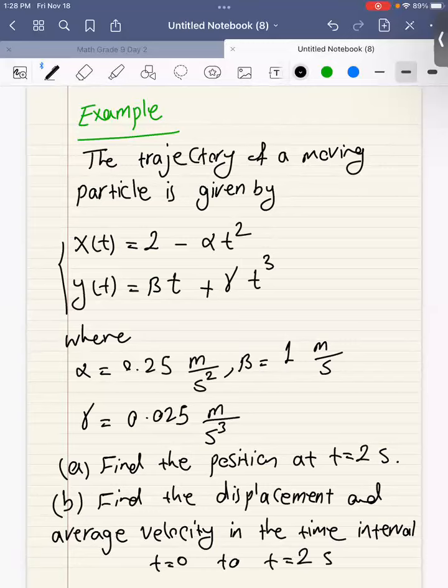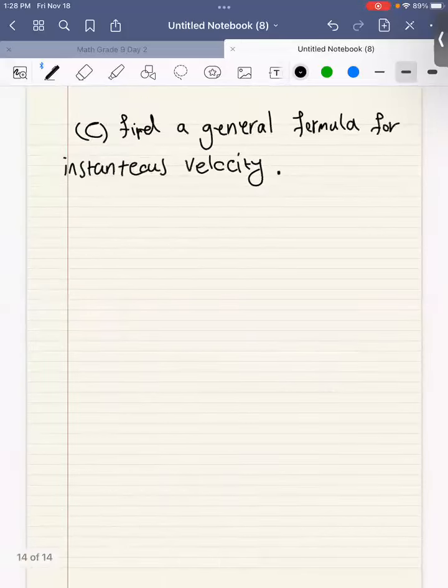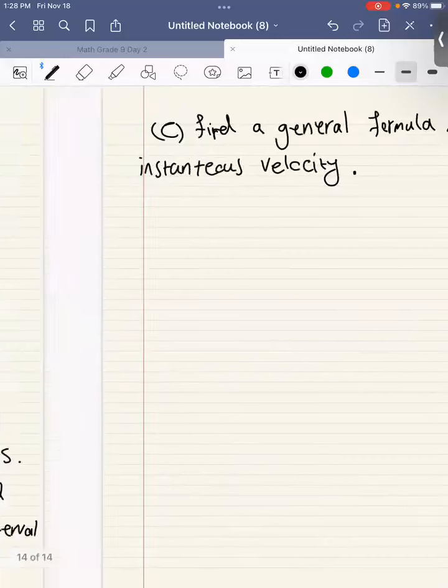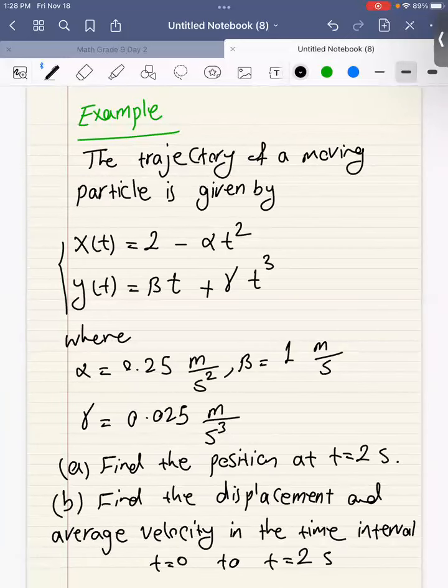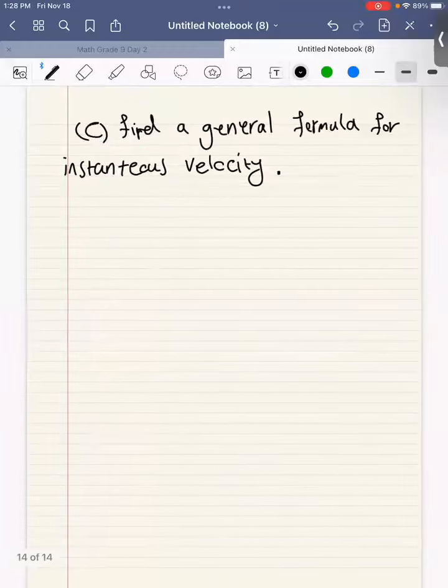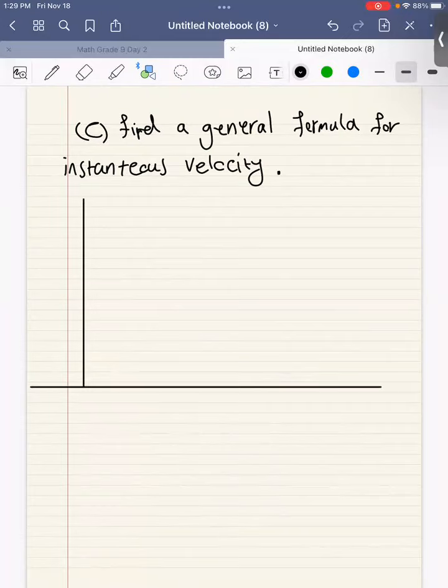So what is the position at time 0? R is the position, XY, right? I can even show it in a picture. By the way, what is the position at time t equal to 0?